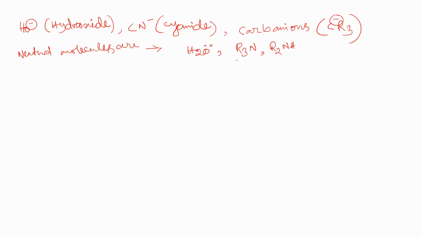This kind of amine, this is a tertiary amine, this is a secondary amine, can also act as nucleophiles. How? Because of the presence of a lone pair of electrons.